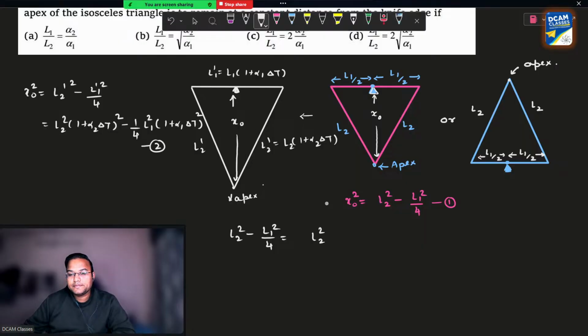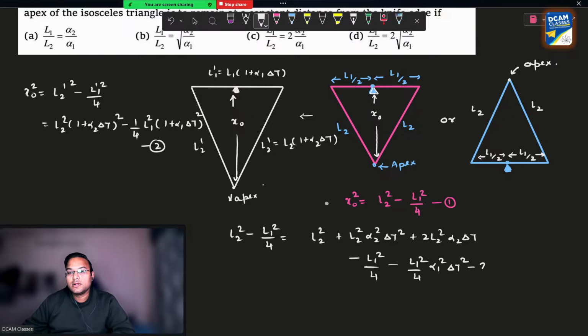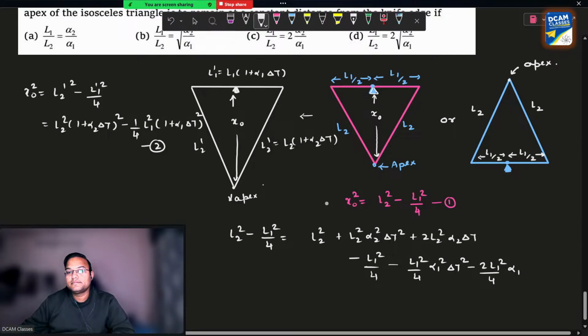L2 square plus L2 square alpha 2 square delta t square plus 2 L2 square alpha 2 delta t, minus L1 square by 4, minus L1 square by 4 alpha 1 square delta t square. They're using approximation, Haripriya. You'll simplify it, you'll get it.